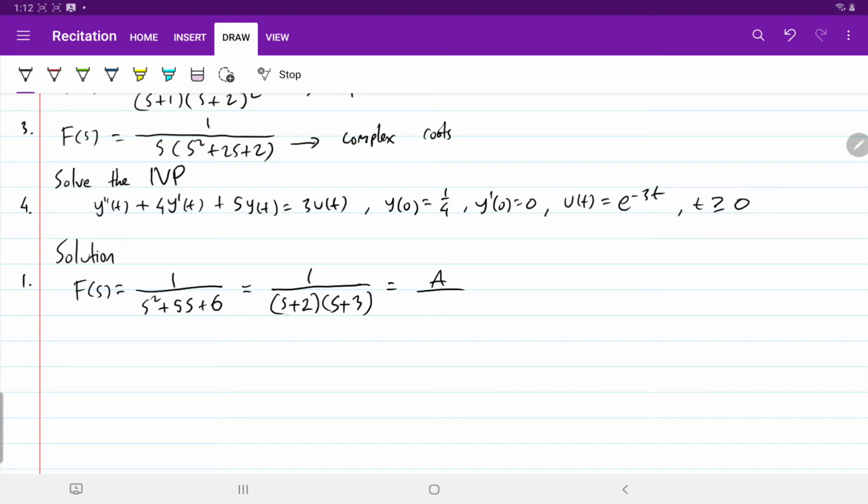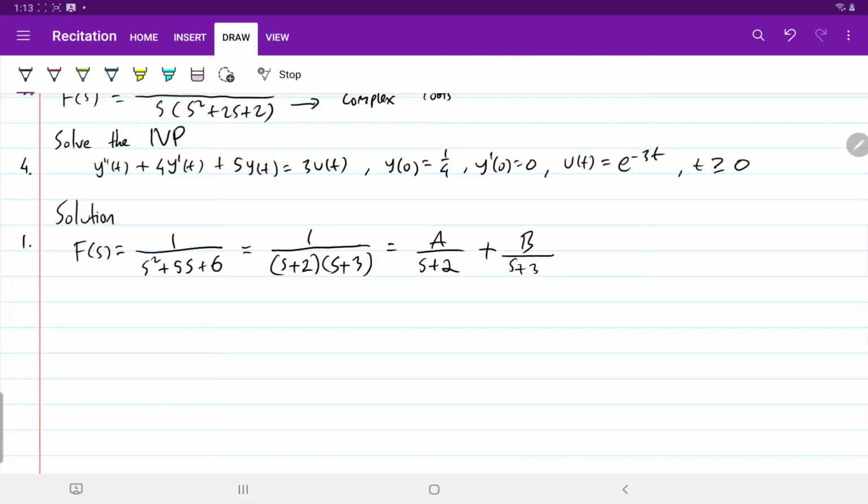So for s plus 2 you have coefficient A, and for s plus 3 you have coefficient B. Basically we just need to find these two coefficients A and B, such that if you add both terms, you get the original fraction.